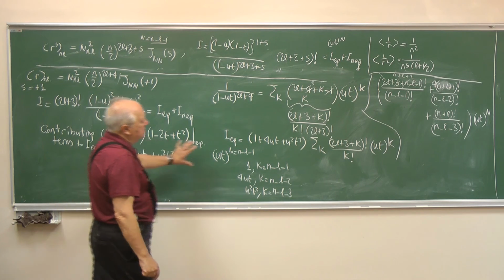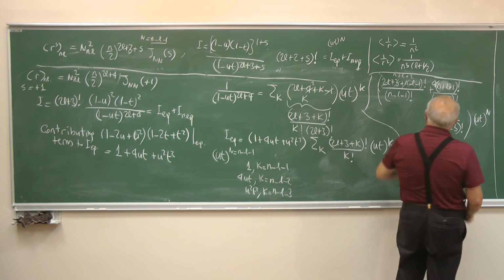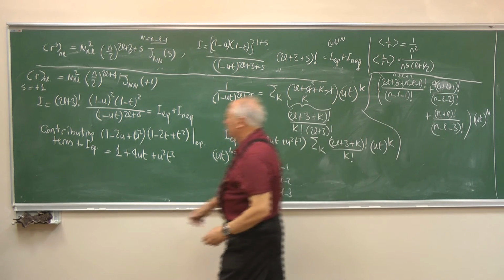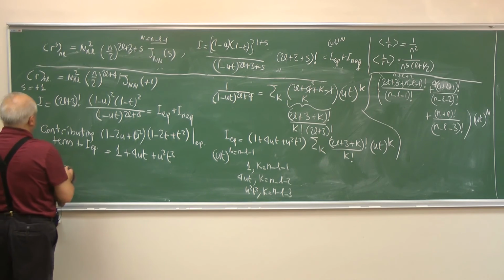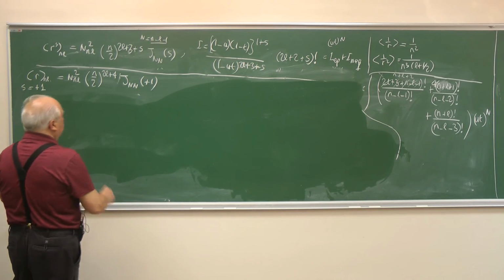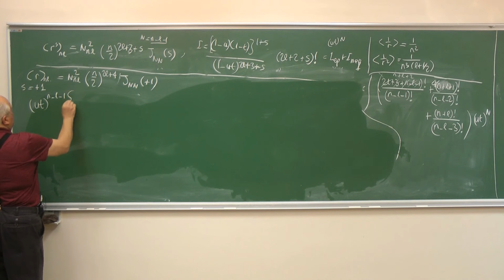So I will erase the rest and then we will work out this coefficient. I am erasing. Now I am carrying over from there. We have (ut) to the power n minus l minus 1.